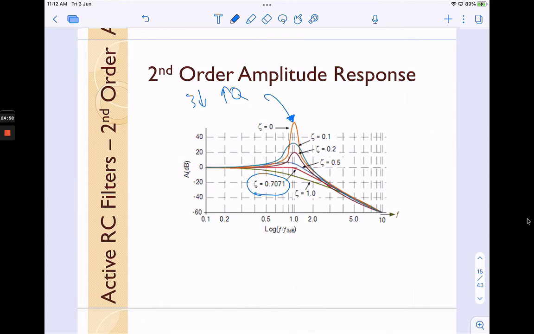It will not have oscillation, it will not have any peak on the cutoff frequency region. The design of this value of Q or zeta depends on what you want to design.